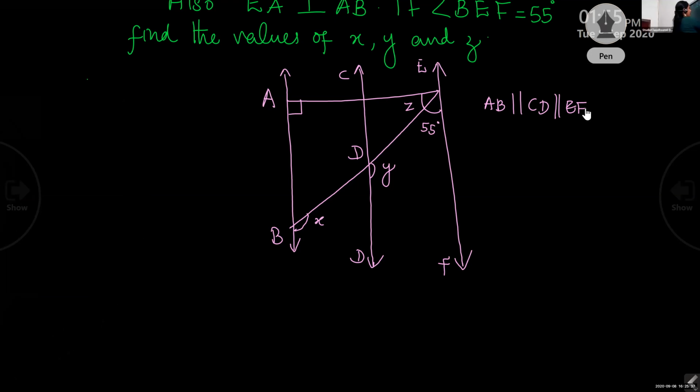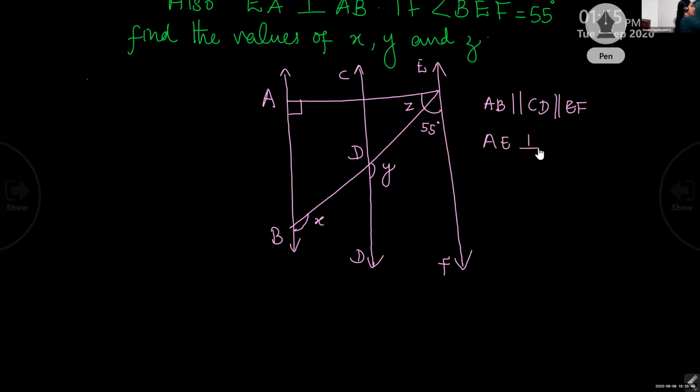And the line AE is perpendicular to AB. Children, you tell, find out some reasons to find the answer.